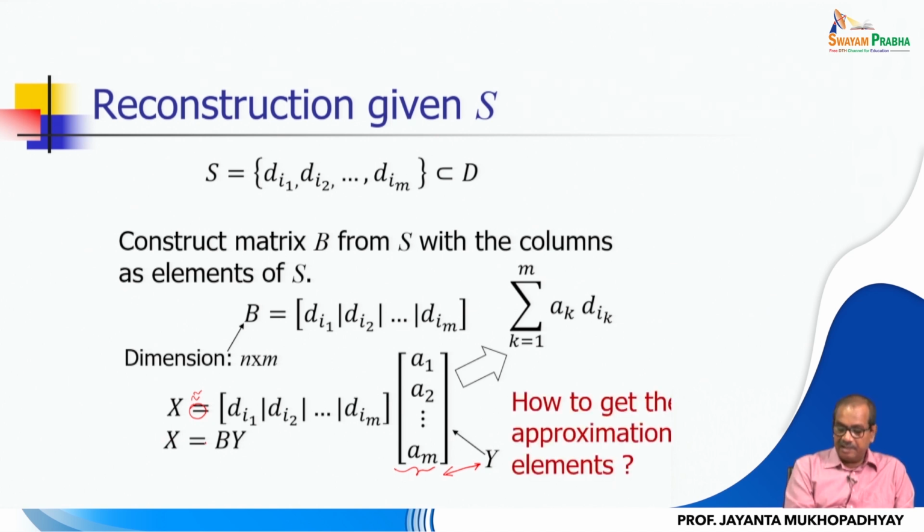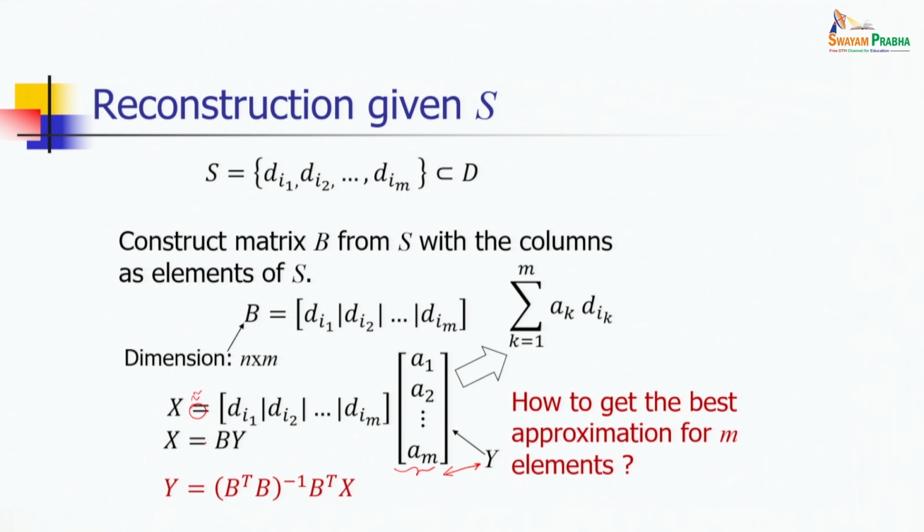You apply B transpose to both sides, and then you perform the inverse of this B transpose B, and this will give you the solution, y equal to this. So you want this set of coefficients, which is y.